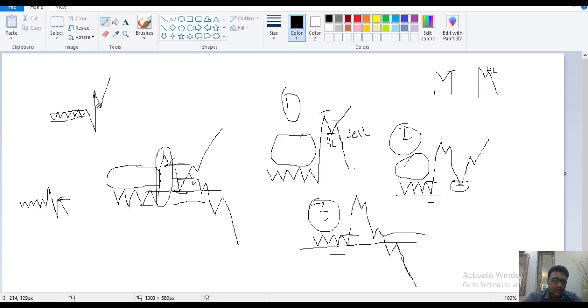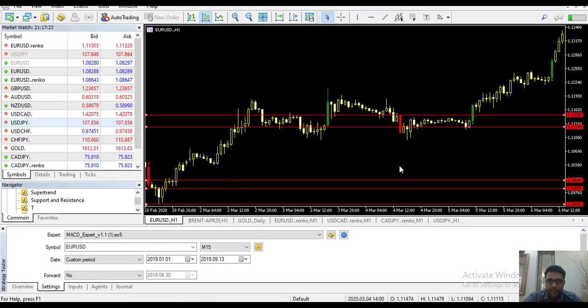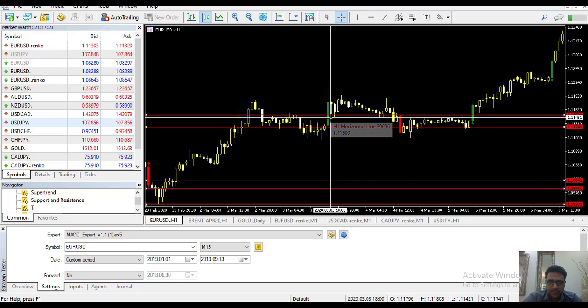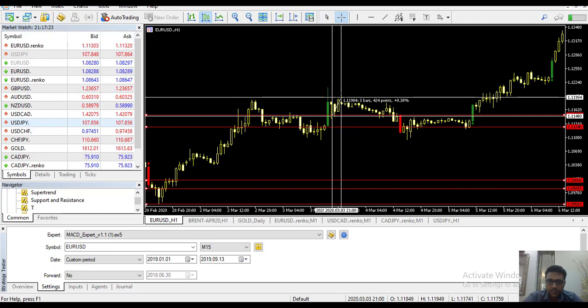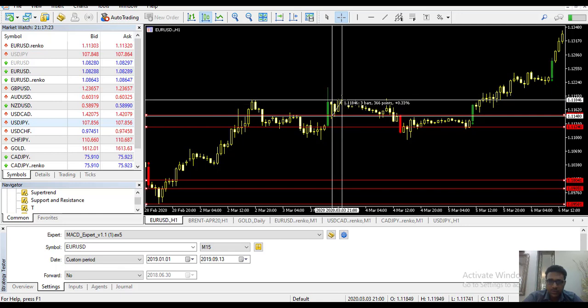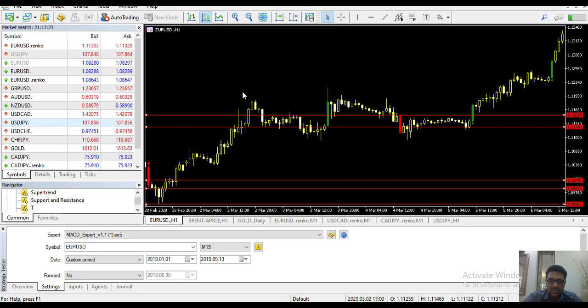It came back to that region and went back up. Did it? Yes, it did. Look at this. It came back down to this region and went back up. To where? The next resistance, this line. It went back to at least this point. Isn't it? So this is another condition we can see.